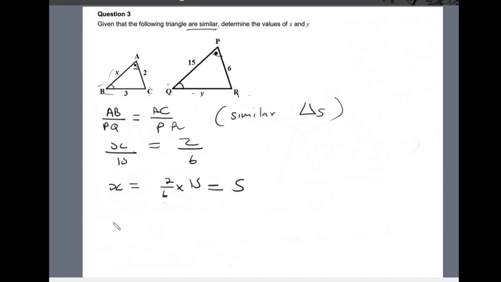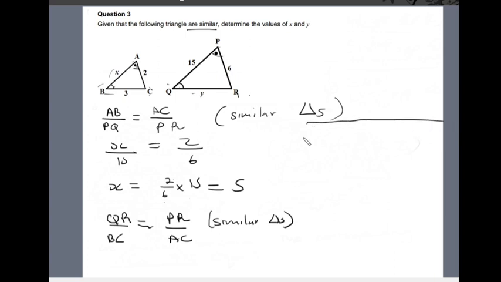Right? And then again, solving for y. This side QR corresponds to the side BC, right? So I'll say QR over BC is equal to PR over AC. Those are the corresponding sides because we have similar triangles, right?